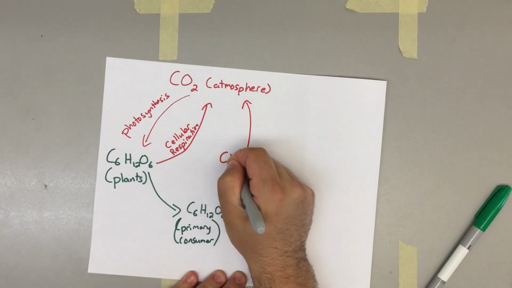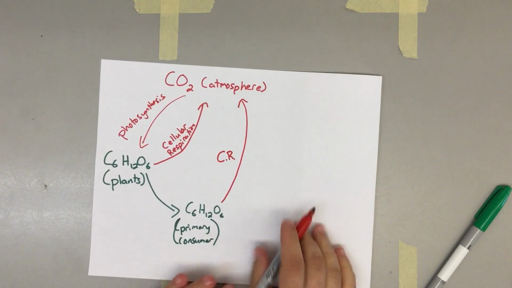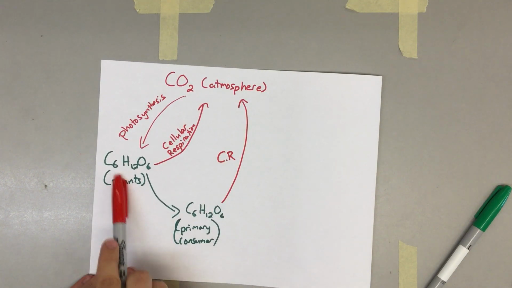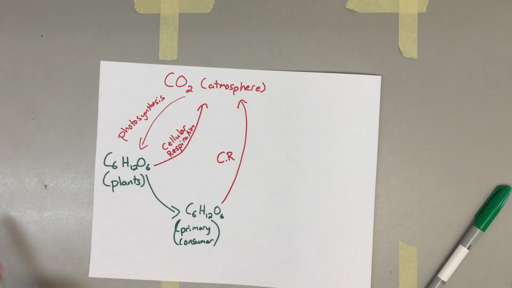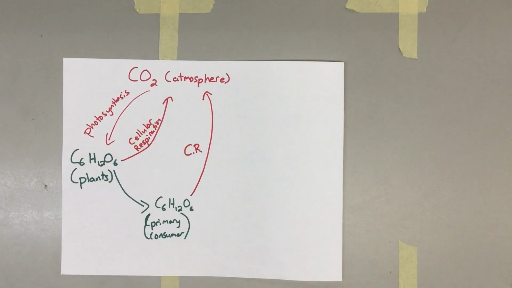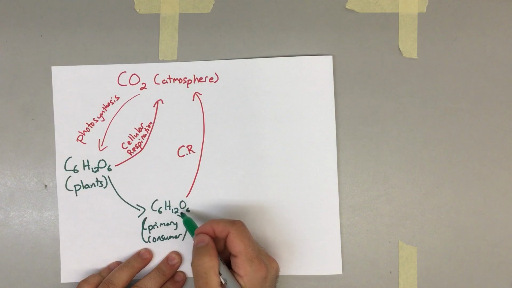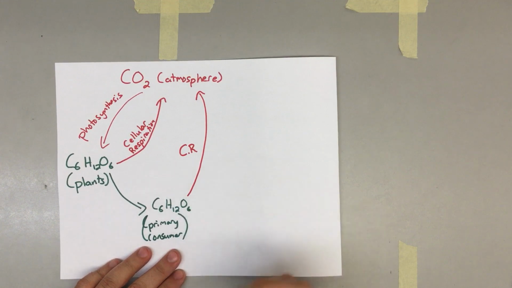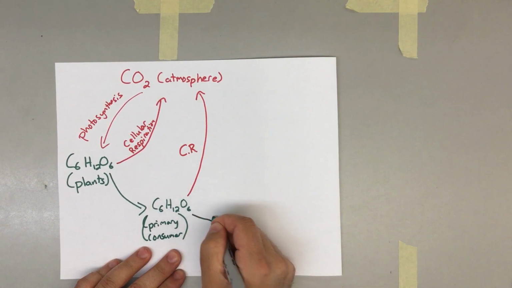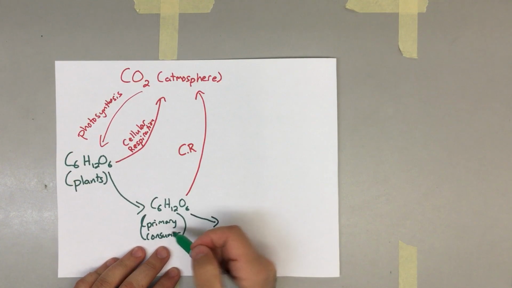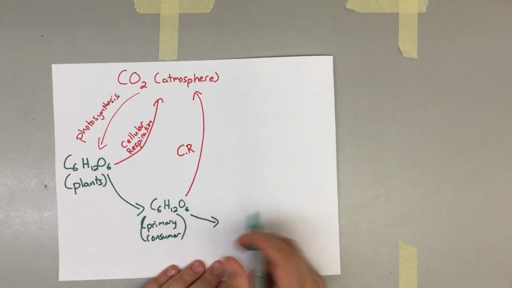Fantastic. Now, if that primary consumer uses that carbohydrate, it's going to be returned to the atmosphere through cellular respiration. We all know that food chains don't always end at the primary consumers though, and you can see how we would go on and on. Let's add a secondary consumer. If the primary consumer didn't use that carbohydrate, it would have been stored in its body. That carbohydrate, when the primary consumer is consumed, goes into the secondary consumer.